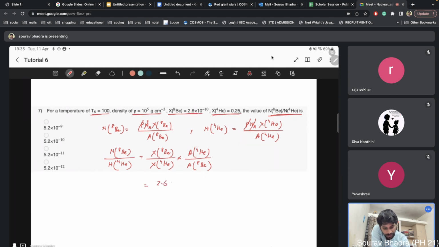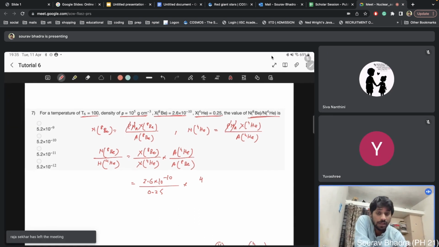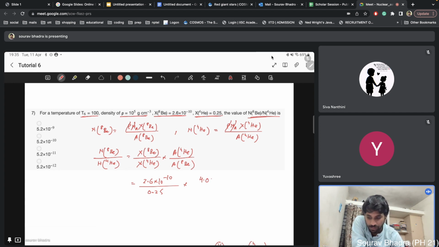It is 2.6 into 10 to the power minus 10, and it is 0.25. Now for 4He you can write it as 4, but it is an approximate thing, because the atomic mass is not exactly 4, so you can multiply it with the mass of the proton in AMU, it will be 4.002603. I have taken this from some reference.